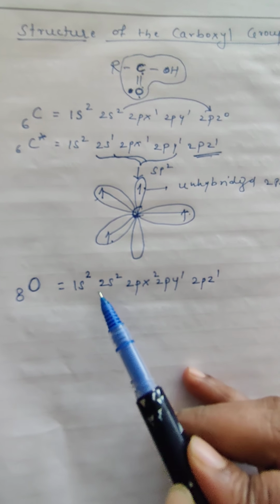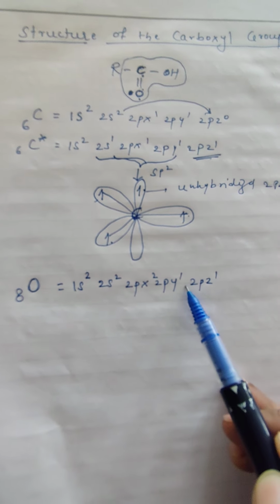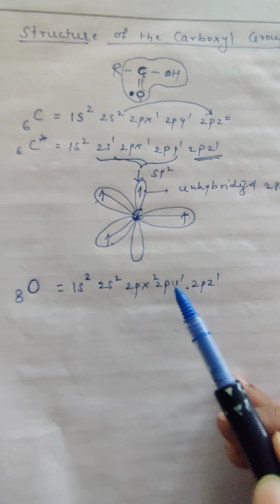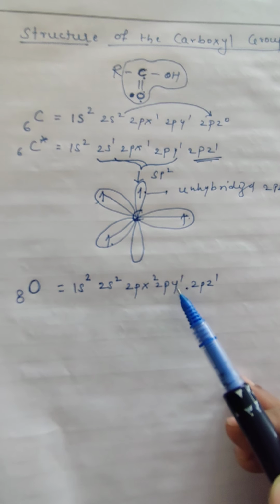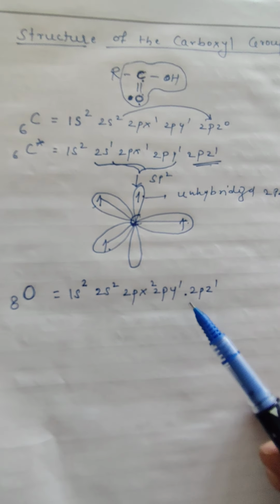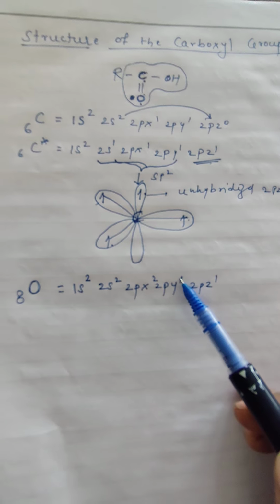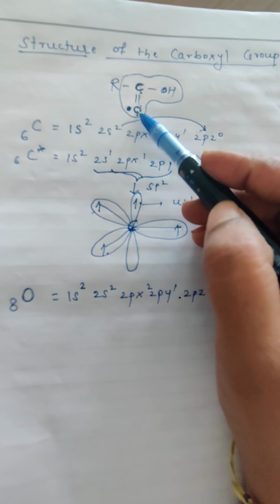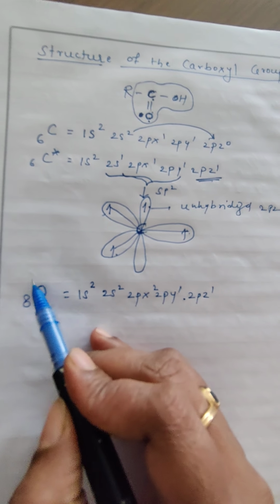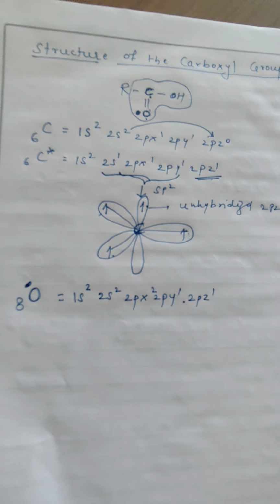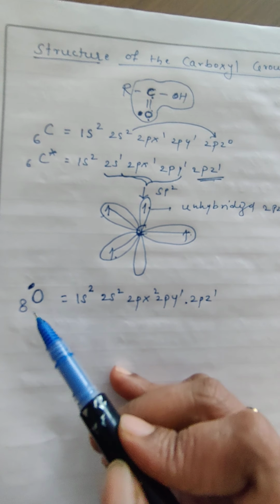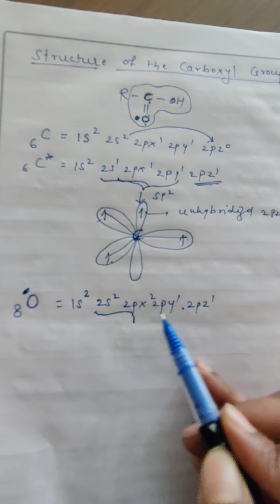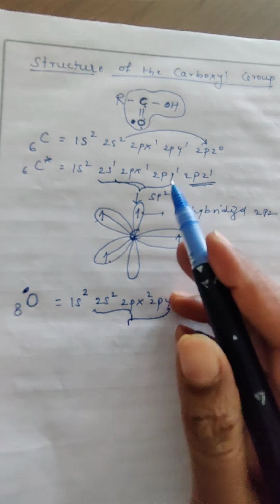Then here the 2s contains 2 electrons, meaning lone pairs are there, and only one hybrid orbital of oxygen carries one electron, so it is capable of forming one sigma bond and one pi bond. This oxygen, which is doubly bonded, we indicated by a dot.